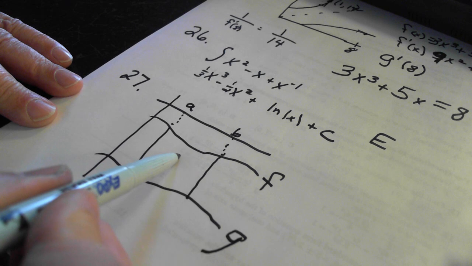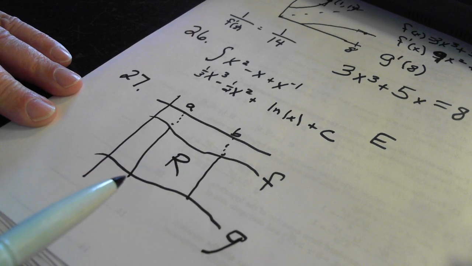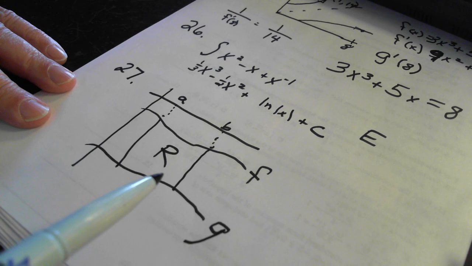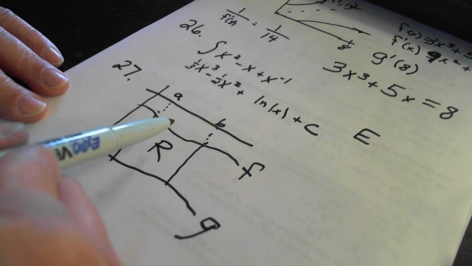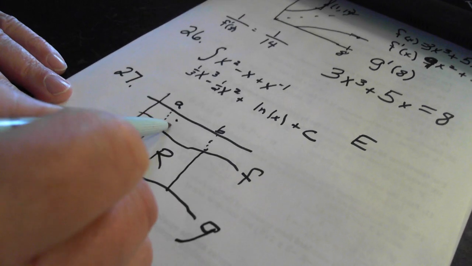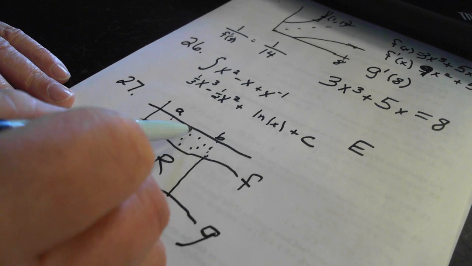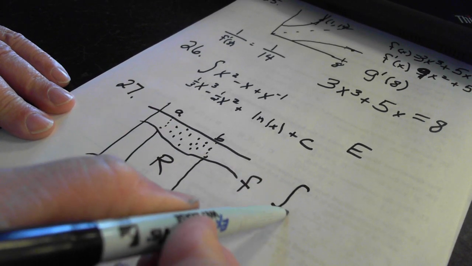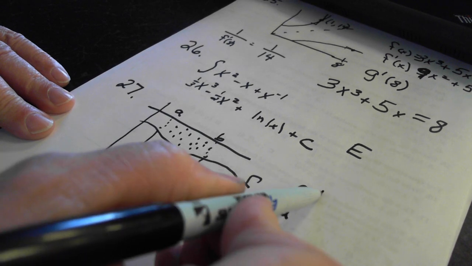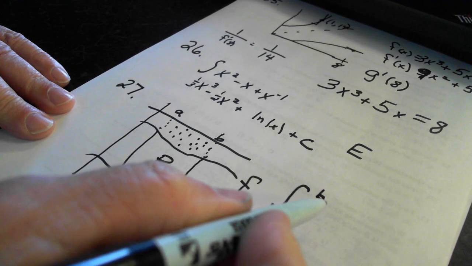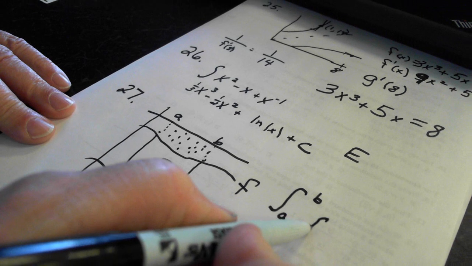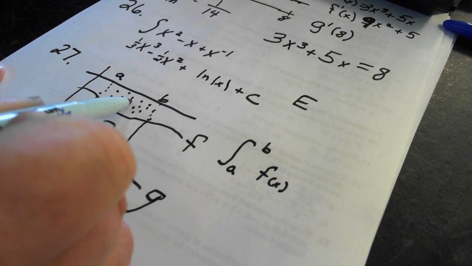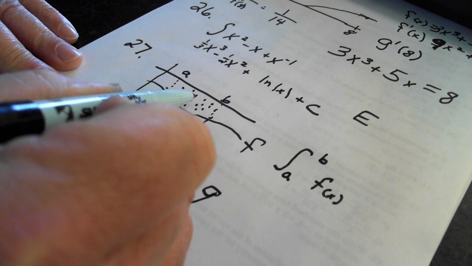And we're trying to describe area R in there. We want to come up with a value for area R. The thing I think you know is that this area right here, which I am dotting, if you do an integral from A to B of function f, you will get this area and the answer will be negative, right?